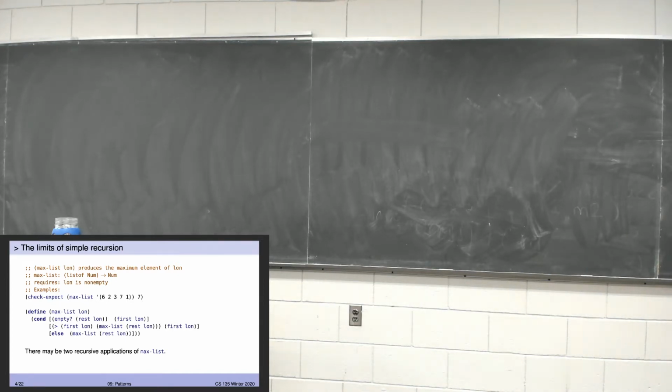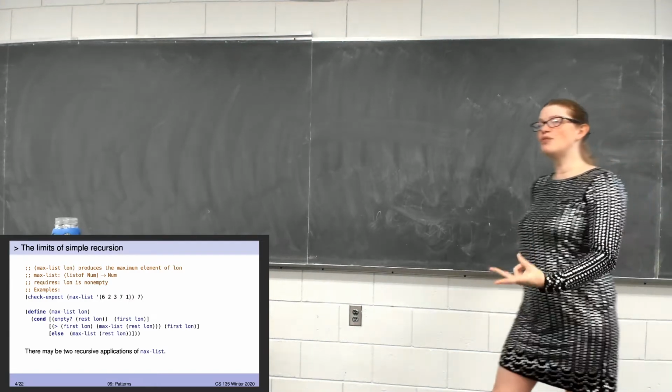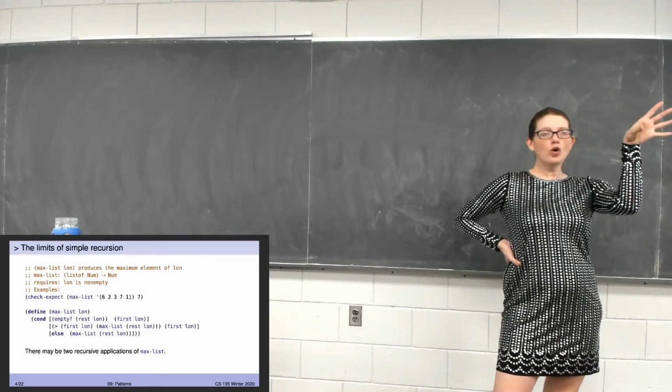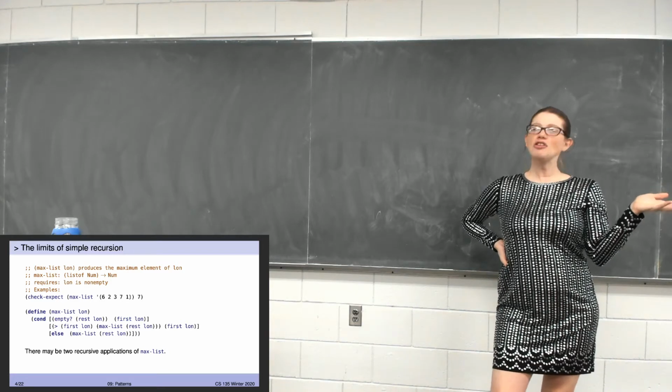Since 1 is not bigger than the max of the remaining list, this question evaluates false. And so I go down into the else case, and I recompute the max of the rest of the list. So I just computed the max of the rest of the list twice. Now, some of you who've done programming before would be like, why don't you just put that in a local variable and reuse the result multiple times? Yeah, we're not doing that yet.